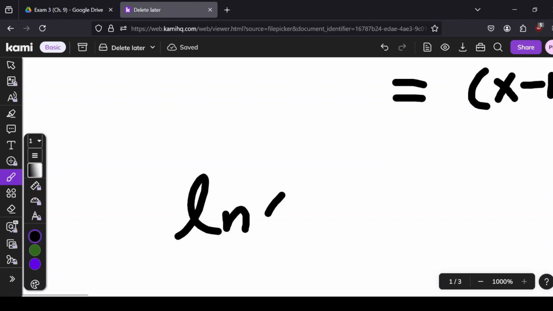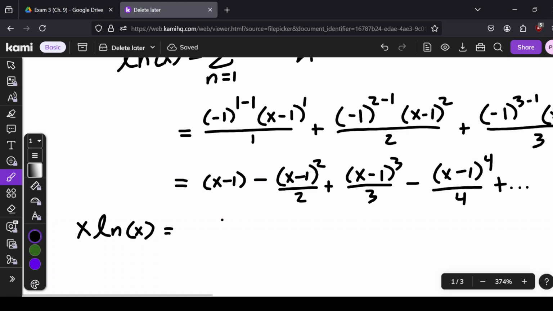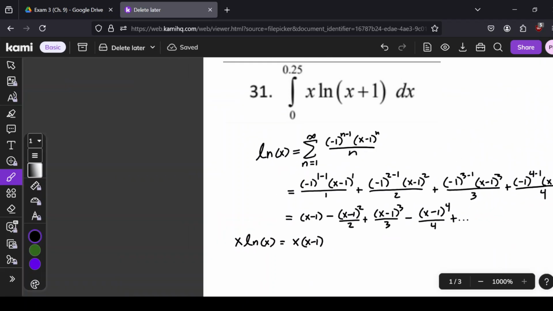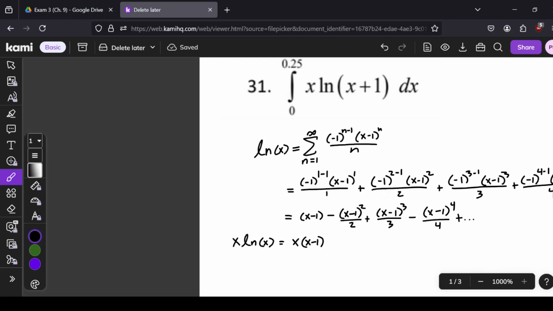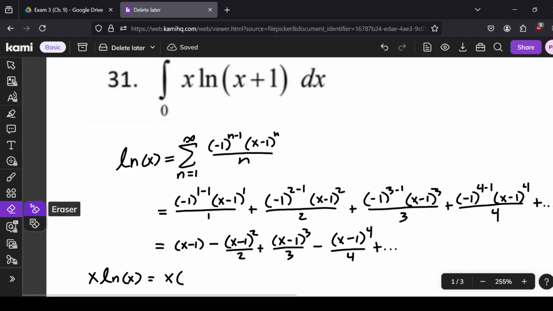Then we multiply by x. And when we do that, pretty simple, you just multiply by x. Oh, I guess we also need to have x plus 1.